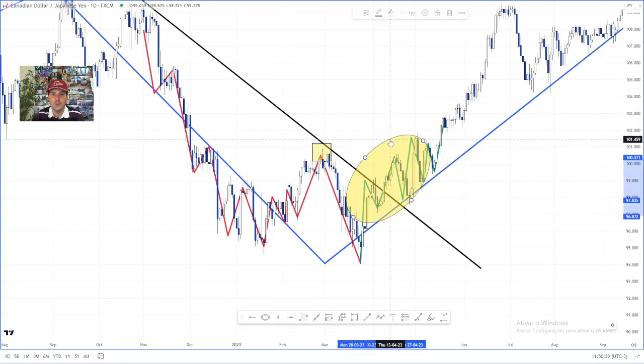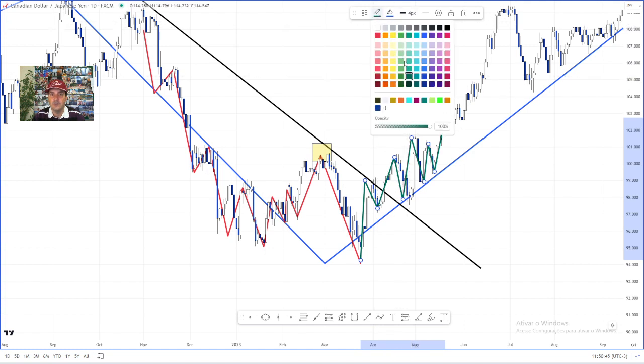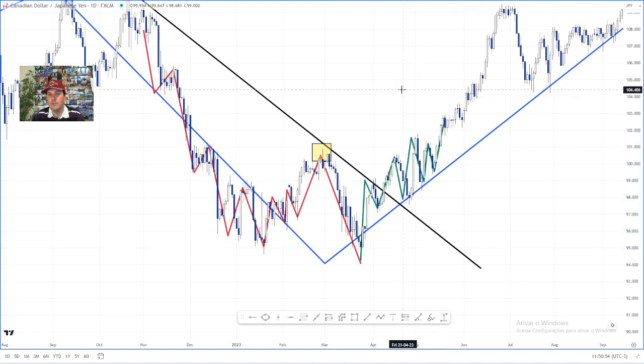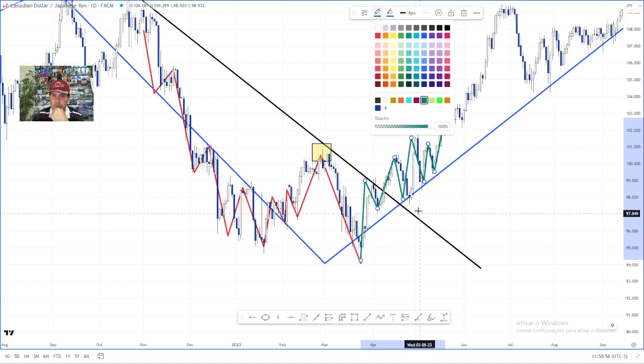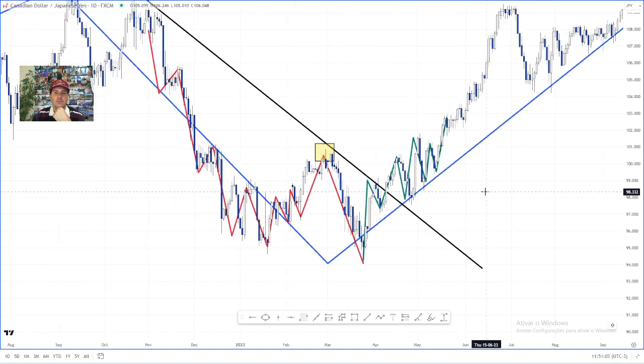I'm going to get out of the circle and maybe use a darker color for you, dark green. I'm not sure what is better for you to see. All right. So do we agree that we can see on the chart that it was making lower lows, lower highs, and started making higher highs, higher lows?